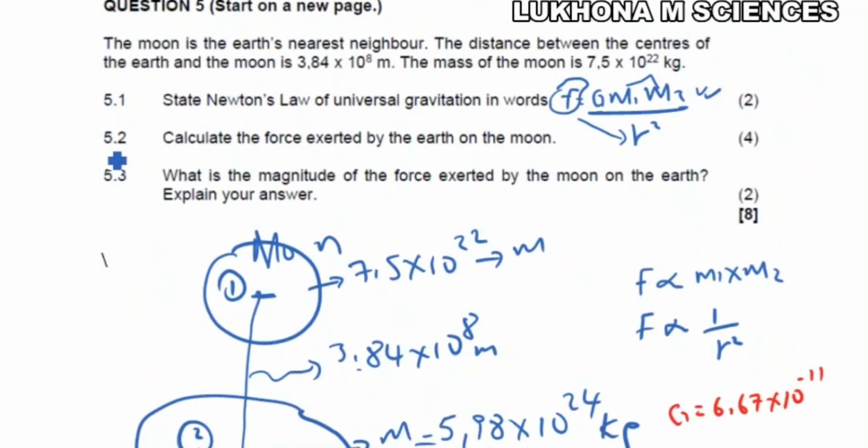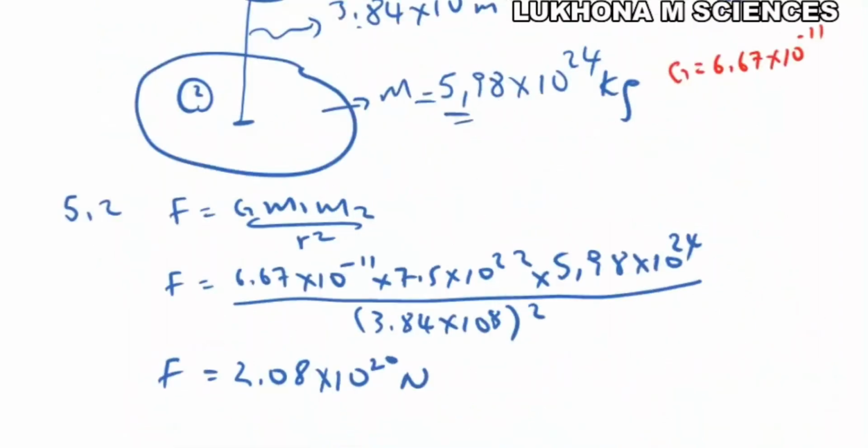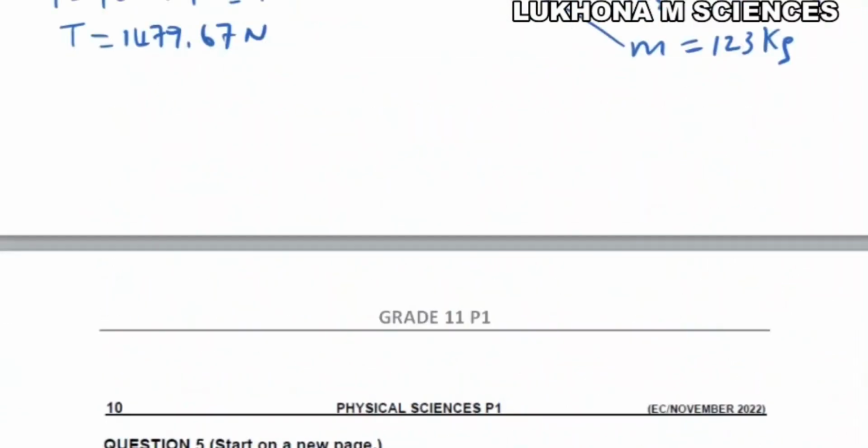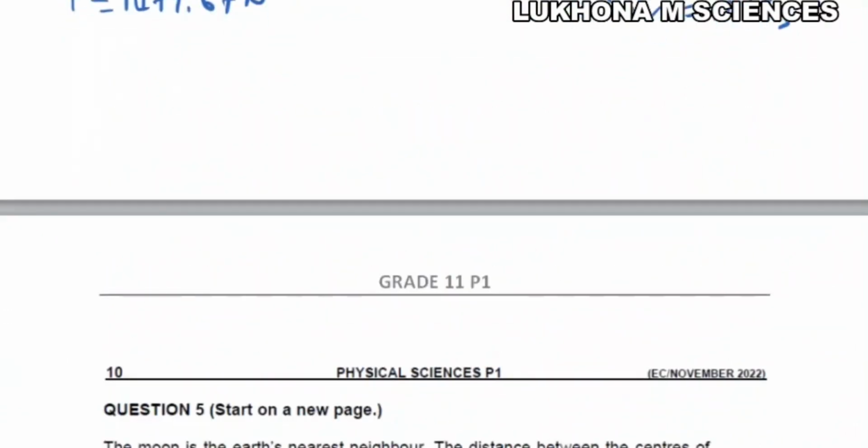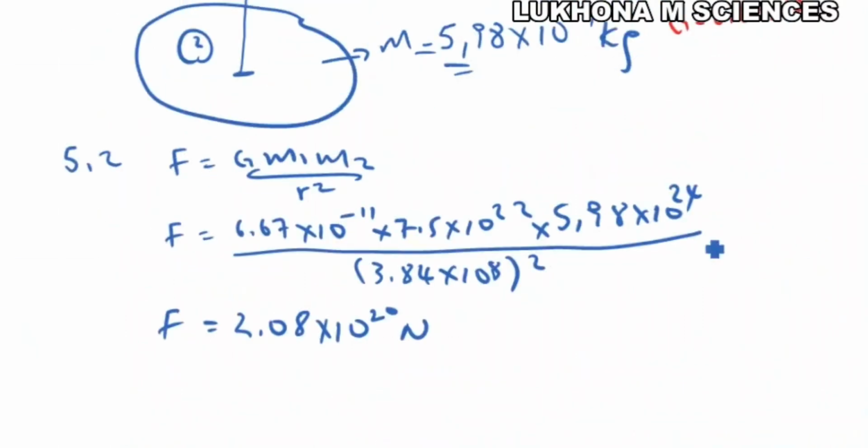5.3 says, what is the magnitude of the force exerted by the moon on Earth, and explain. It will be the same as this one, 2,08 times 10 to the power 20 newtons.